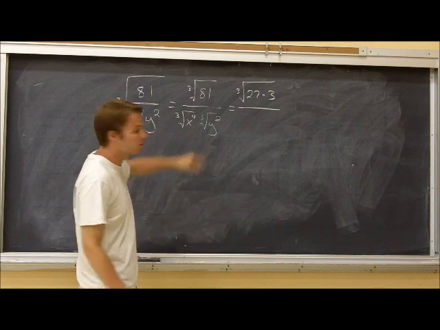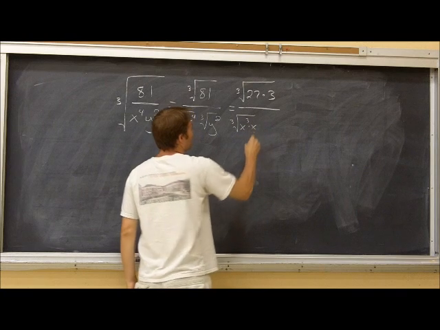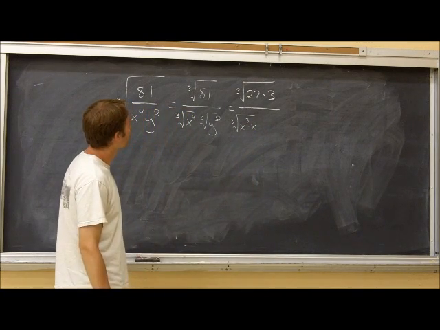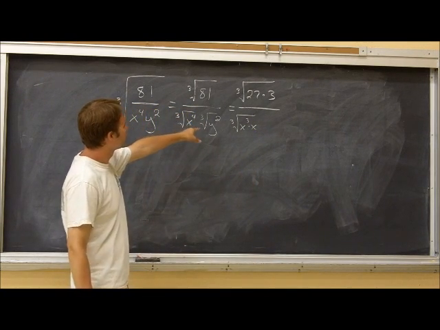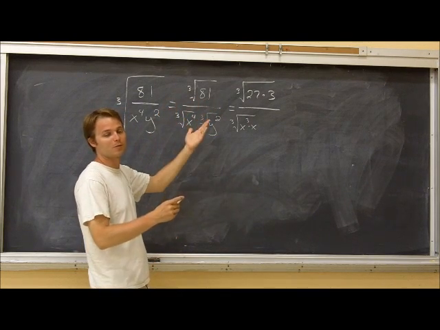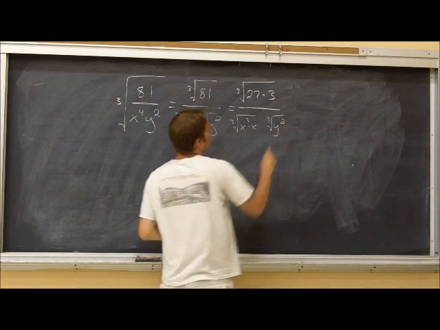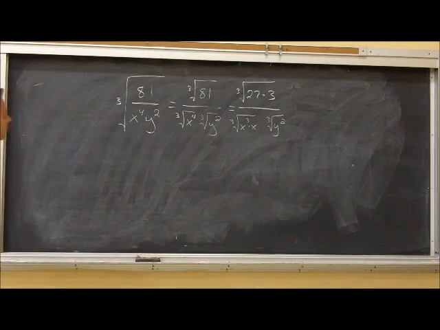The cubed root of x to the fourth is really just x cubed times x. And then for the cubed root of y to the second power, there's not enough y's here for us to take the cubed root of anything, so we're just going to leave it as is. We're not going to simplify it. Okay, so now what can I do?